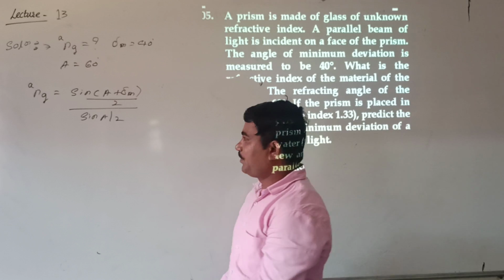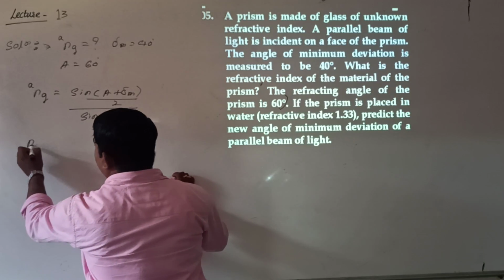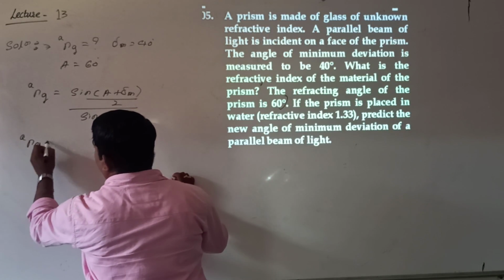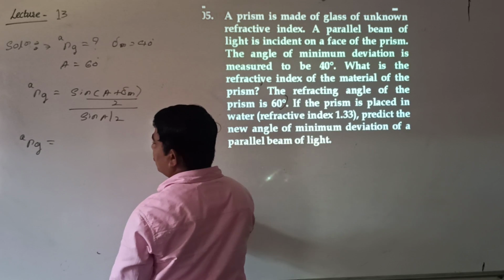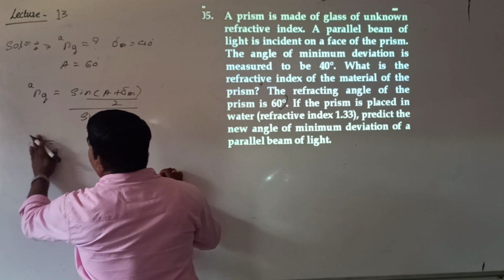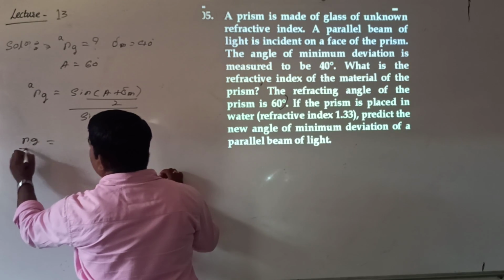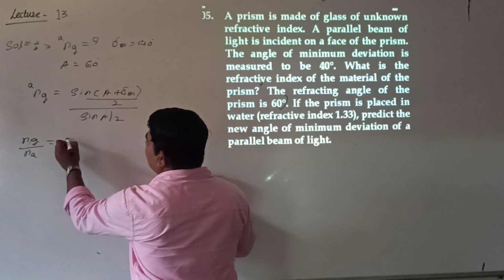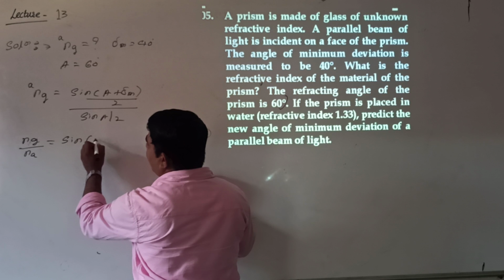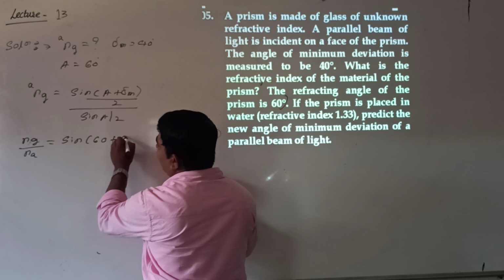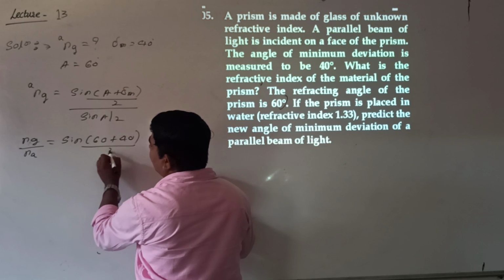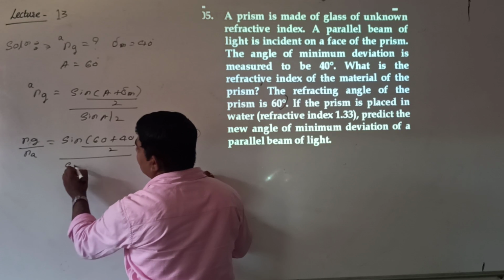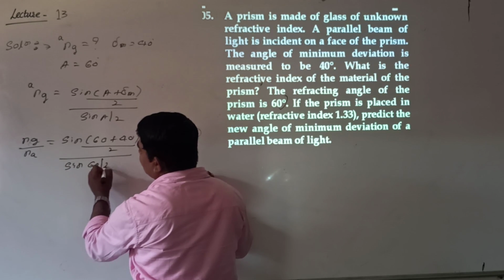Now, with A as 60 and delta m as 40, it is sine of (60 plus 40) divided by 2, over sine of 60 by 2.